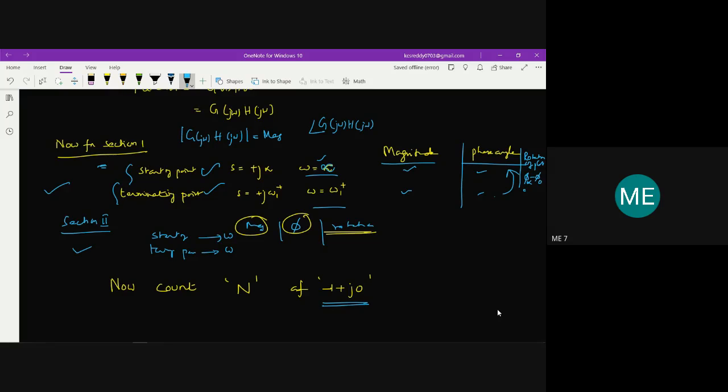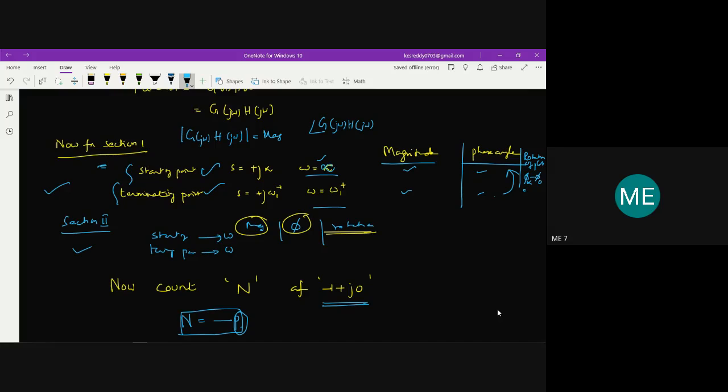If it satisfies this condition, N is equal to minus P, that is, the number of encirclements is equal to minus the number of poles, as discussed in the Nyquist stability criterion, that is the number of poles of G of s and H of s on the right half of the s plane. So we need to find out this P.